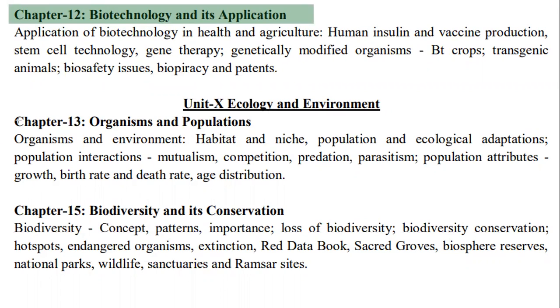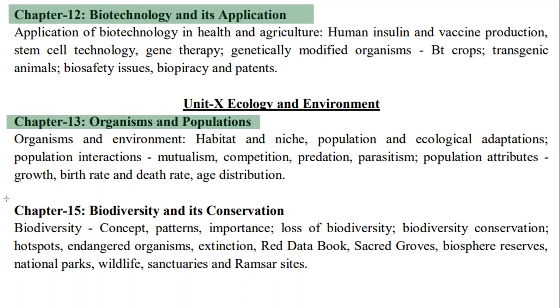And from the unit of ecology and environment, you have to study chapter number 13, organisms and populations, organisms and their environment, habitat and niche, populations and ecological adaptations, population interactions, mutualism, competition, predation, parasitism, population attributes, growth, birth rate, death rate, and age distribution.